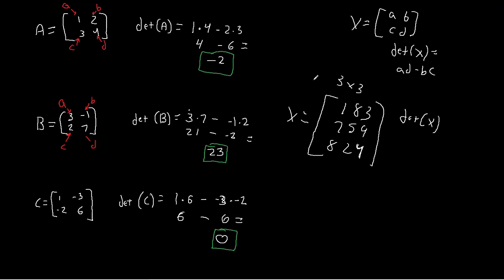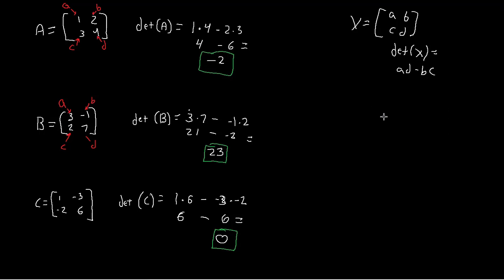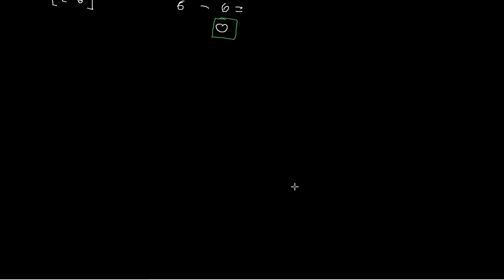But in order to address this larger case, we have to introduce some new terminology and a couple of new notations. So I want to delete this so we're not confused, scroll down and give us a little bit of room here.